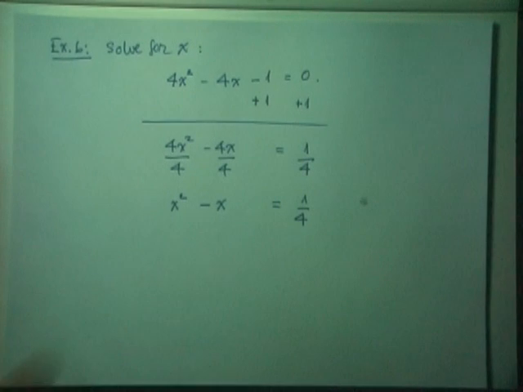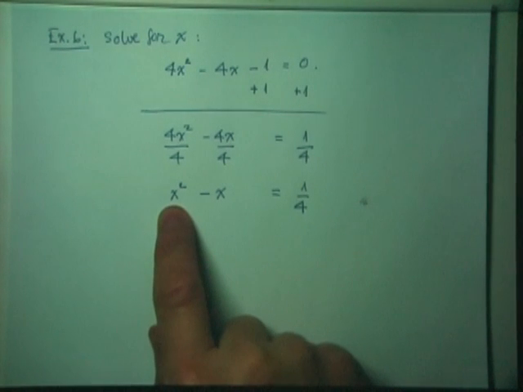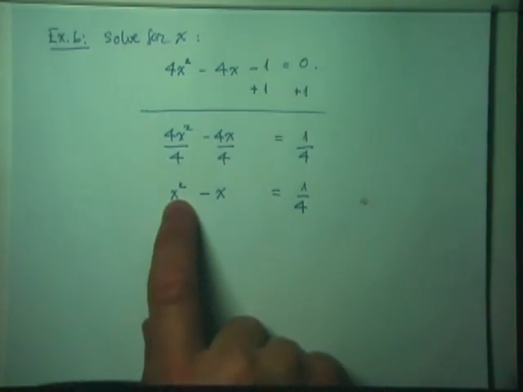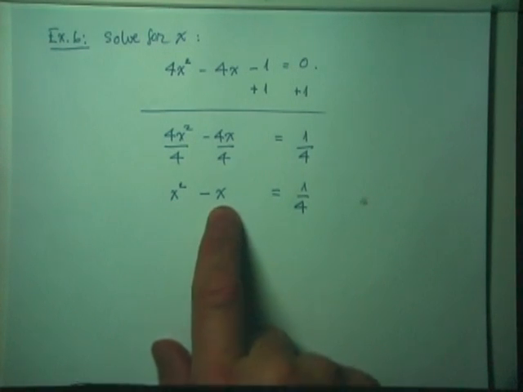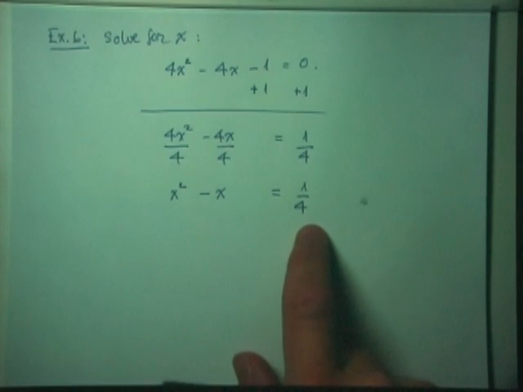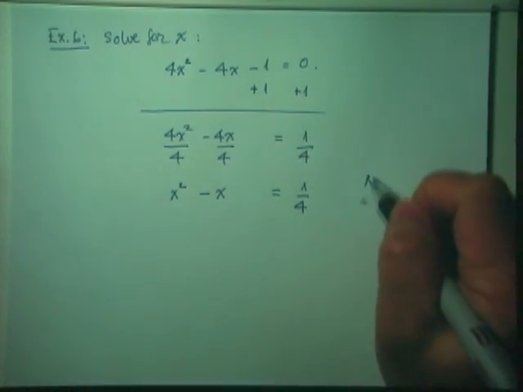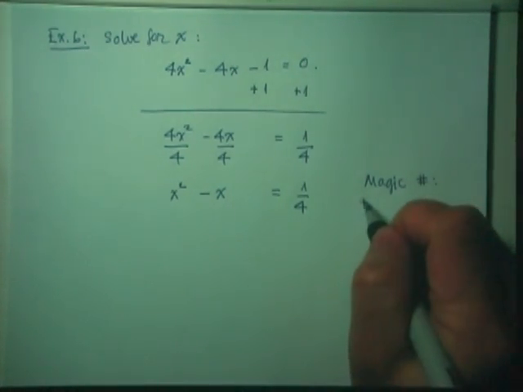Now I am ready to complete the square. I have this square term, the x squared term with leading coefficient 1. The x term with leading coefficient -1. And my constant on the other hand side is 1/4. And so at this point, my magic number, once again, my magic number is always b over 2.